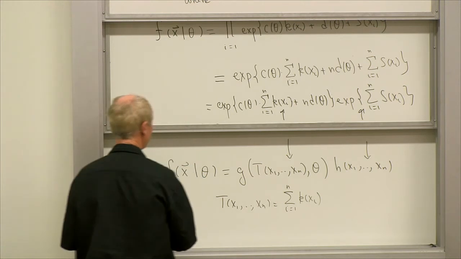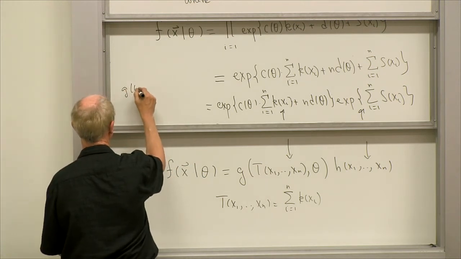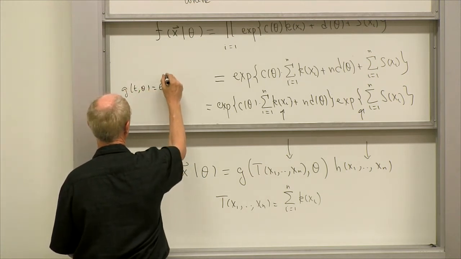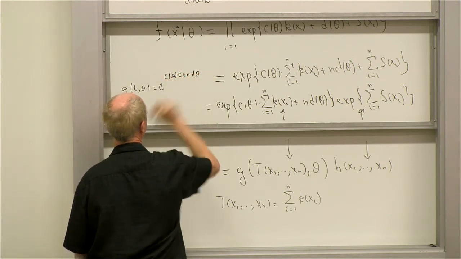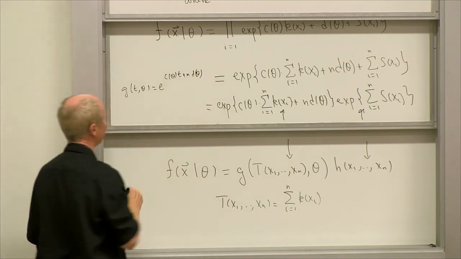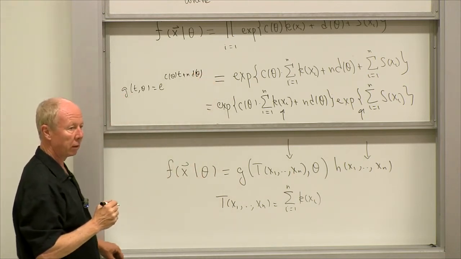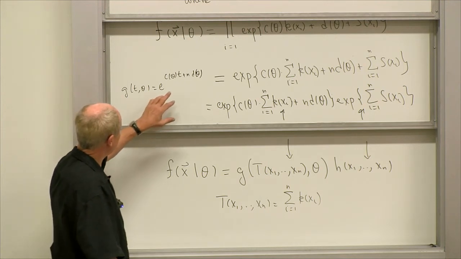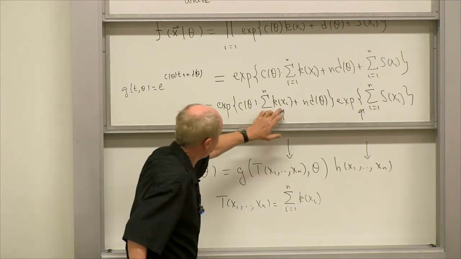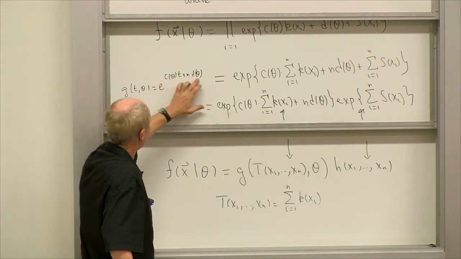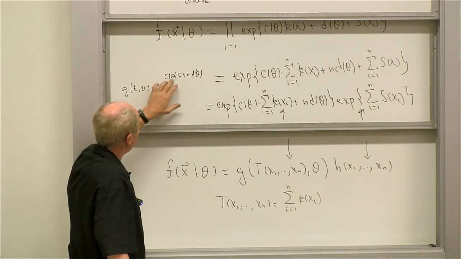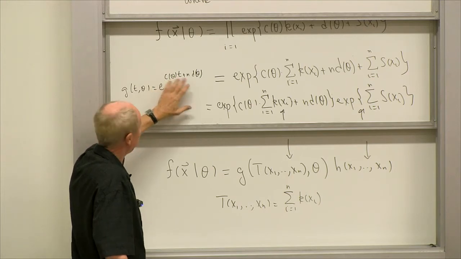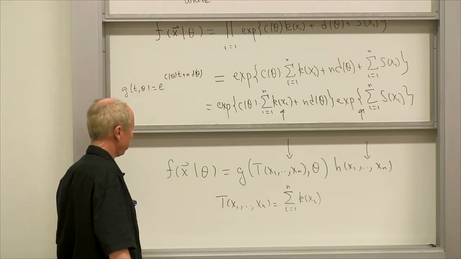Let's write it down. G of t and theta would be e to the c of theta, t plus n d of theta. Okay. This is a function of t. That's going here. And theta. There are two things here that depend on theta. One, a function of theta is multiplied by the t, and one where there's no t dependence.